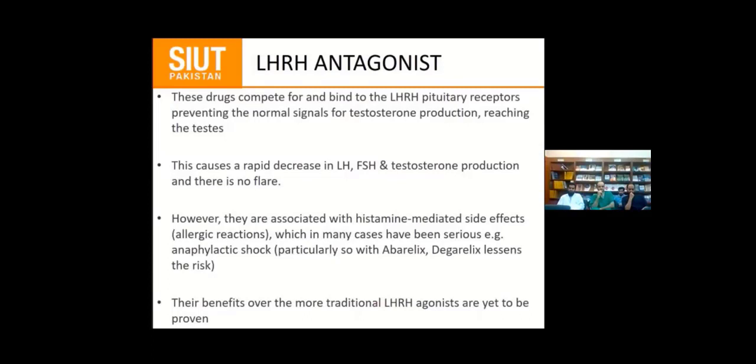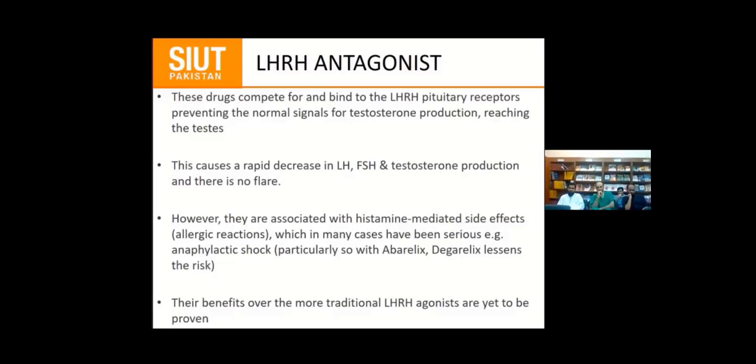LHRH antagonists. These drugs compete for and bind to the LHRH pituitary receptors, preventing the normal signals for testosterone production reaching the testes. This causes a rapid decrease in LH, FSH, and testosterone production. And it has an advantage, it does not cause flare-up phenomena.